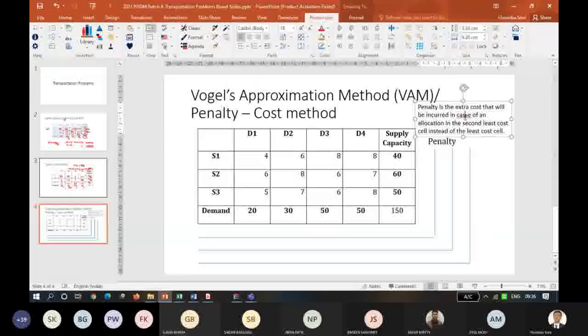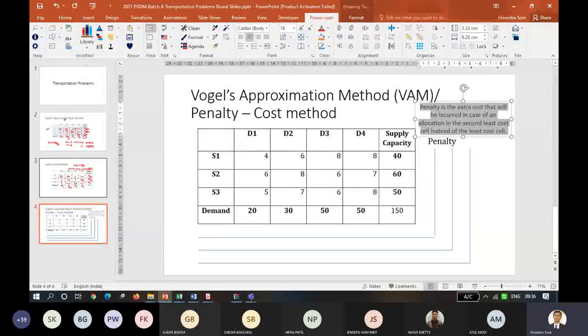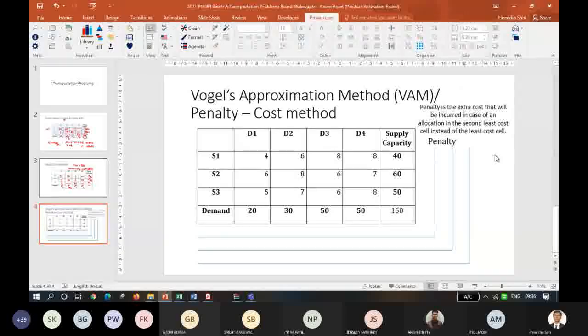Correct? Hopefully it will help. Are we clear with penalty?